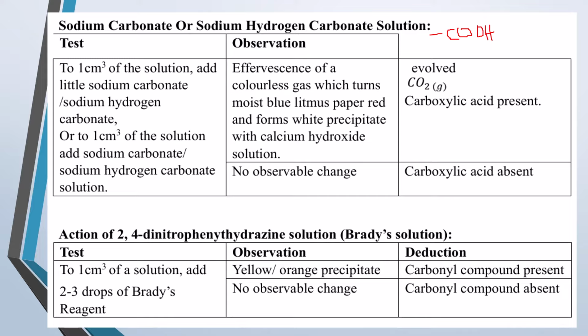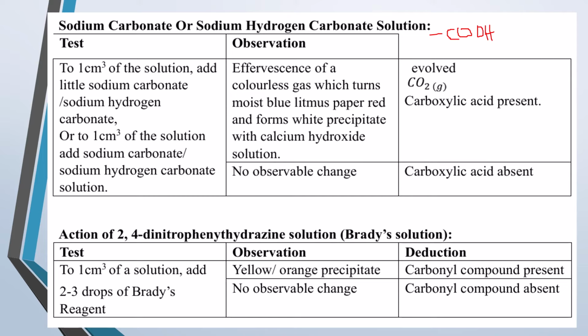So whenever you see sodium carbonate or sodium hydrogen carbonate, just know that the main purpose of that step is to identify whether you have a carboxylic acid, or a carboxyl group attached to the compound you're dealing with in your experiment.